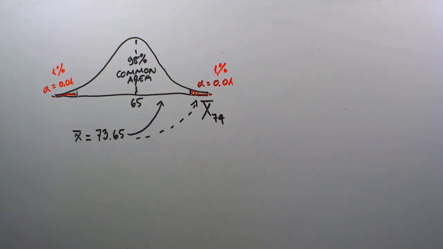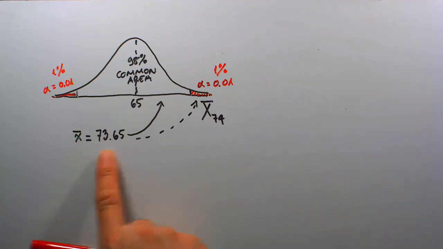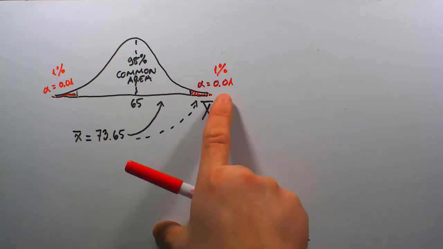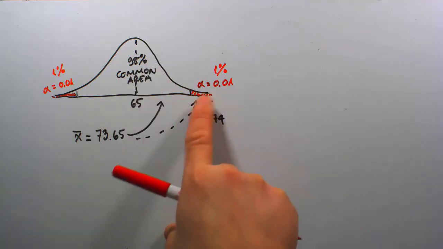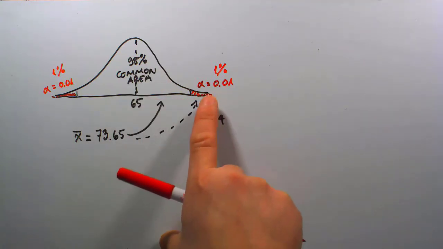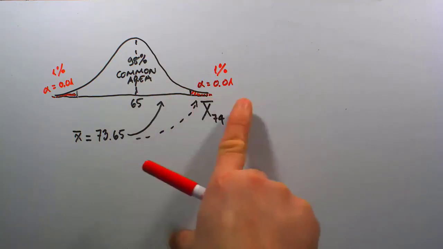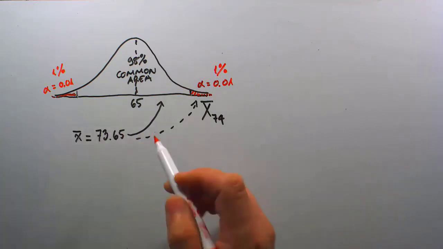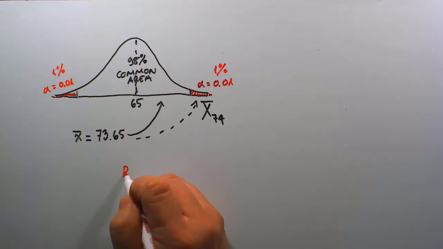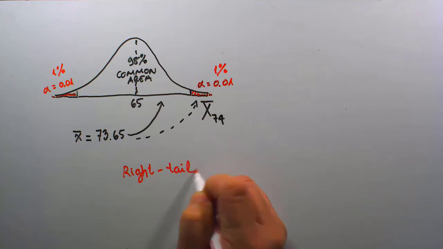Because that's what we're particularly testing, we're testing to see if our sample would fall into this unlikely area on the right hand side of the common area. Notice how this unlikely area appears to be a little weeny tail to the right hand side of the common area. That's why this kind of test we're doing is referred to as the right tail test.